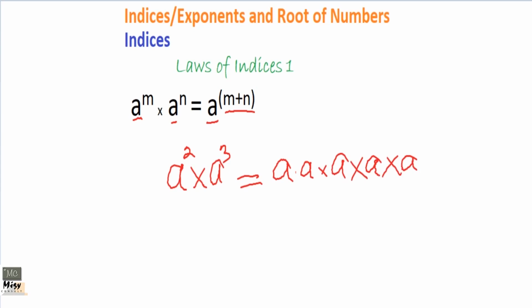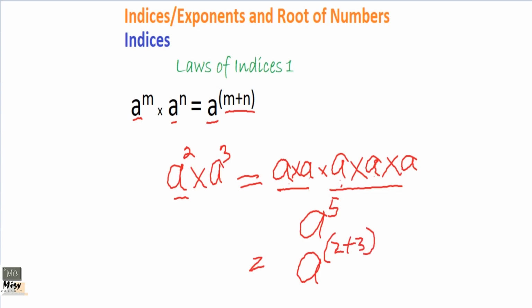So we've dealt with the a times a, which we've already learned, and we have a, times a times a times a. So we now find out, we get 1 2 3 4 5. So we get a raised to the power 5, which is the same as a raised to the power the 2 on top plus the 3.